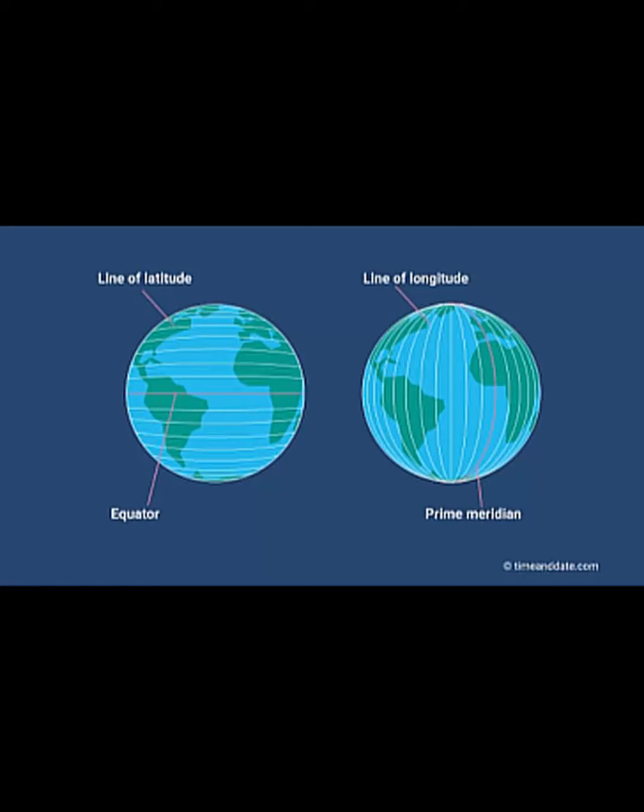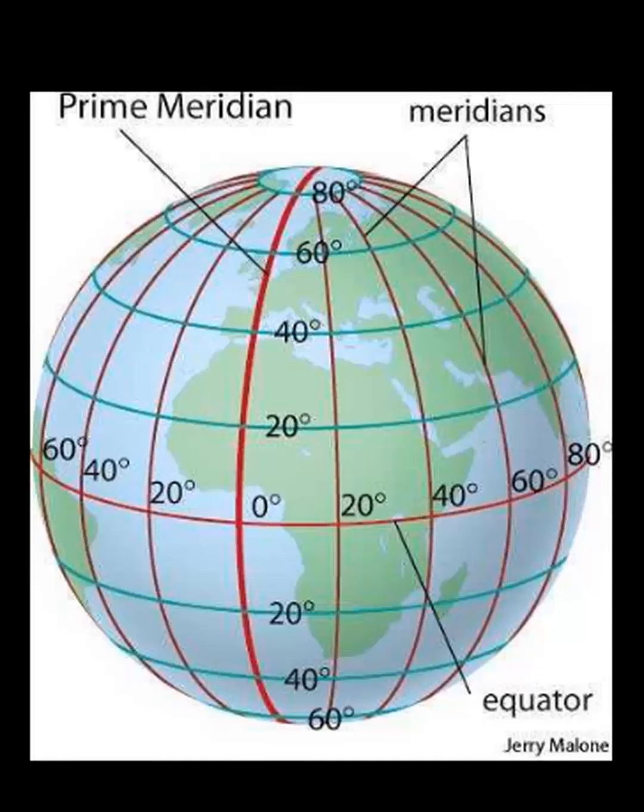Now children, what is prime meridian? See, the prime meridian is the imaginary line that divides Earth into two equal parts, the eastern hemisphere and the western hemisphere.